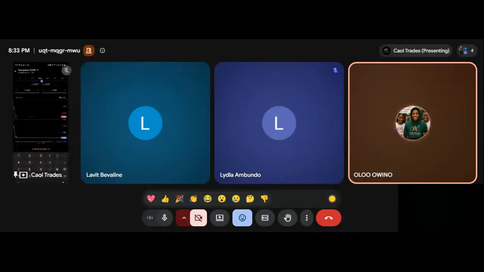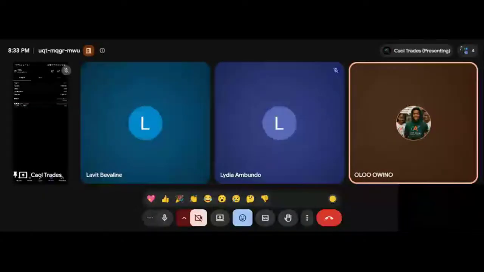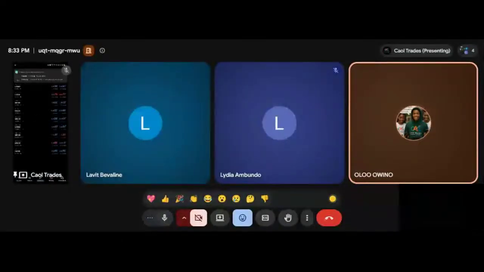For example, I want to close 0.1, then I select close. If the market is in profit, I'm going to see it; there was no movement in that market, so it won't close. That was just an example. If I want to close the trade at once, I'll just click on these dots here, then I close all positions, and all trades are closed. Up to that, is there any question?